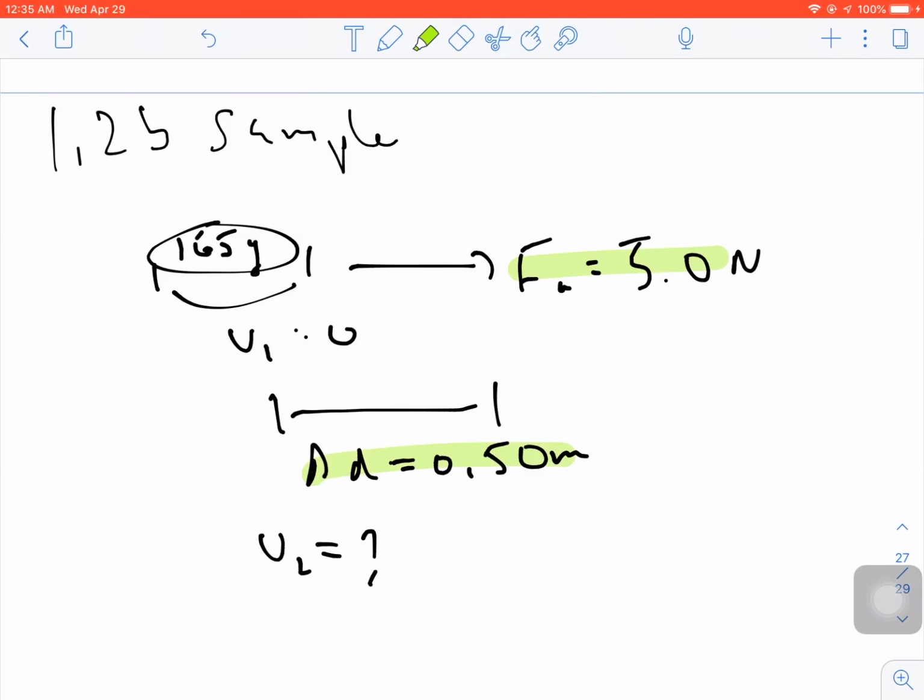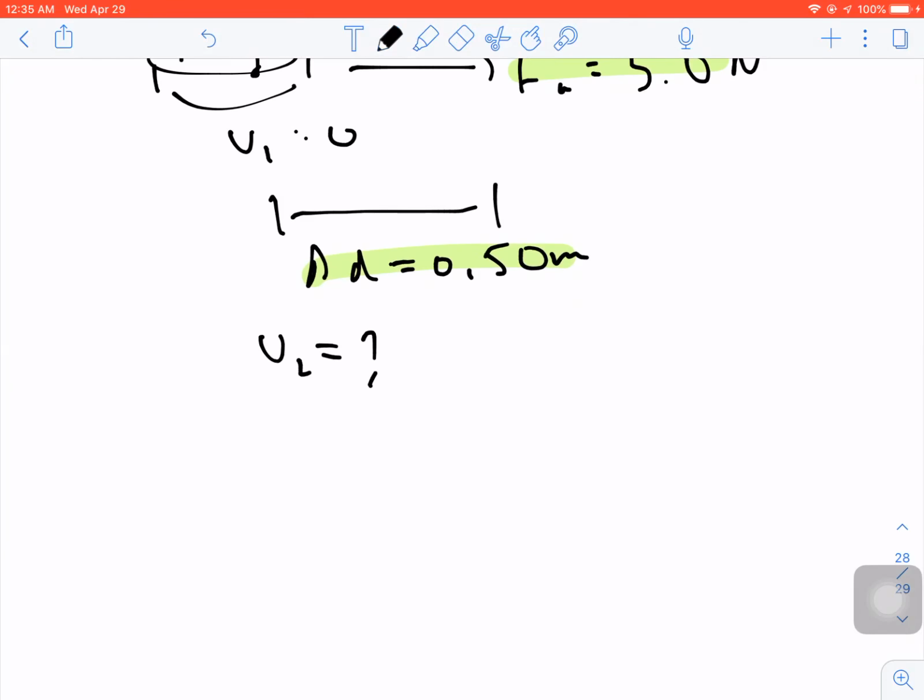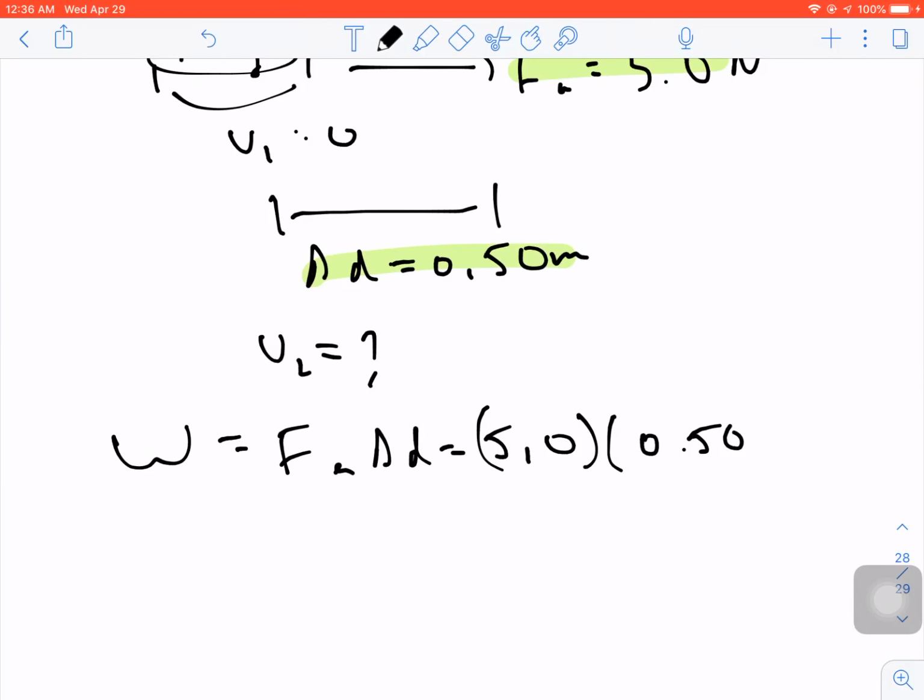So I automatically know that work has been done to this puck because a force was applied over a distance delta D. So I'm going to start by saying work is equal to the applied force, 5 newtons, times the delta D of 0.50 meters, and I get a work done, which is 2.50 joules.